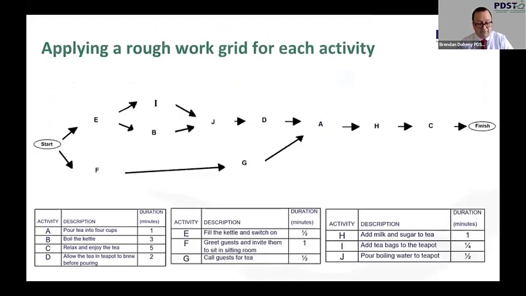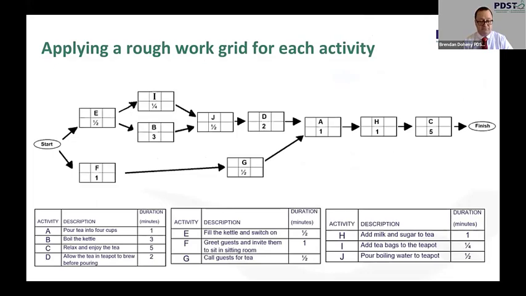So we're going to apply a rough grid for each activity. The grid will be made up of 2 rows and 3 columns, and we'll place one at each activity. We see in the central column, the central 2 boxes, that represent the activity and its duration beneath it. From the image at the top right of your screen, we identify the contents of 2 other boxes, and we'll develop meaning and understanding of all of the boxes in the grid as we progress through this problem.